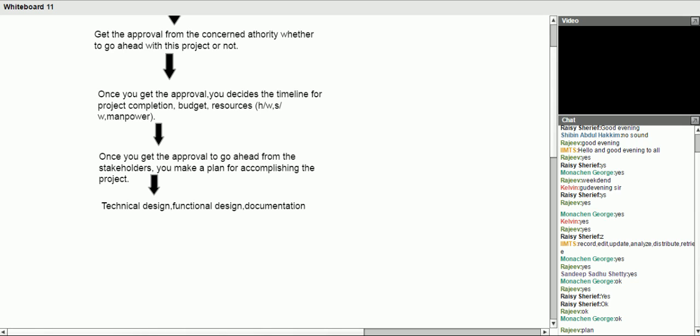Then you develop software code. Then you test, then you deploy.